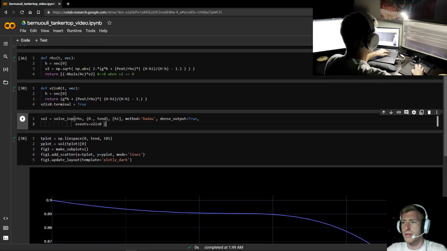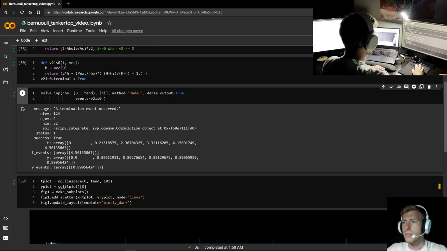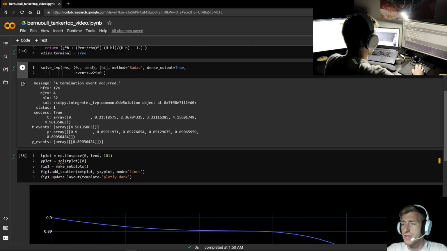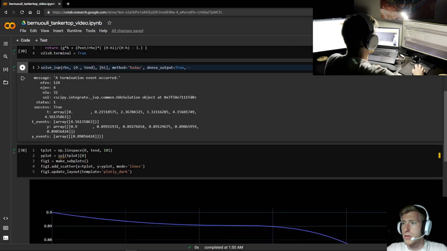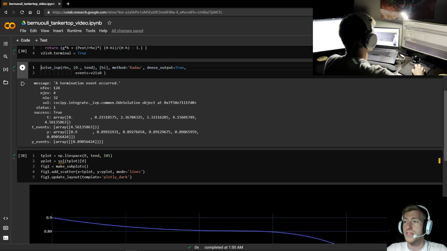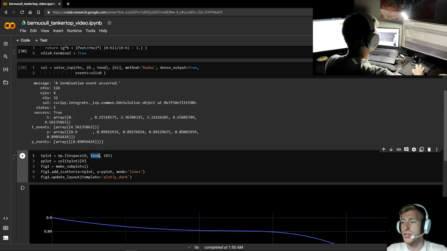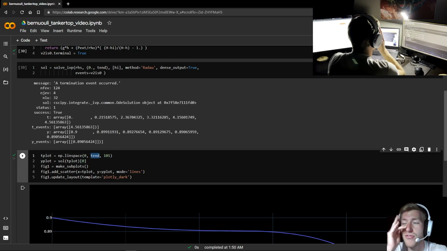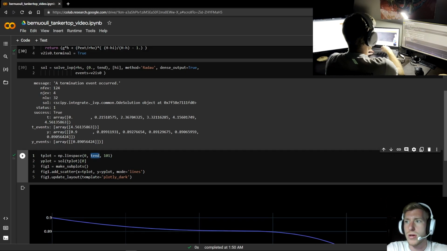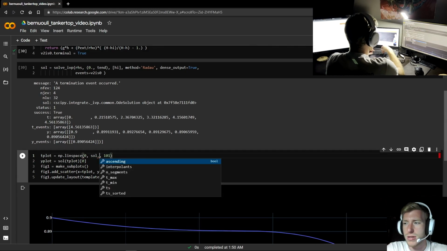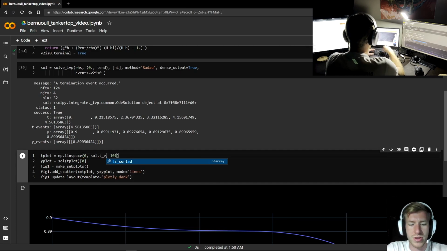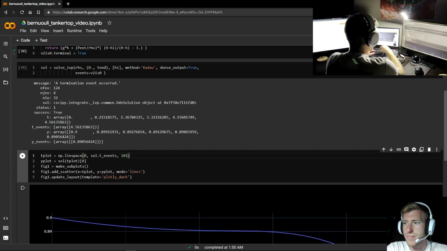Okay, let's look at this again. Termination event. We want you to go until t events. So here's what we're going to do. We're going to call this sol. Instead of to t end, we're going to make a plot from 0 to sol.t_events, and since that's an array, we're going to want to do 0.